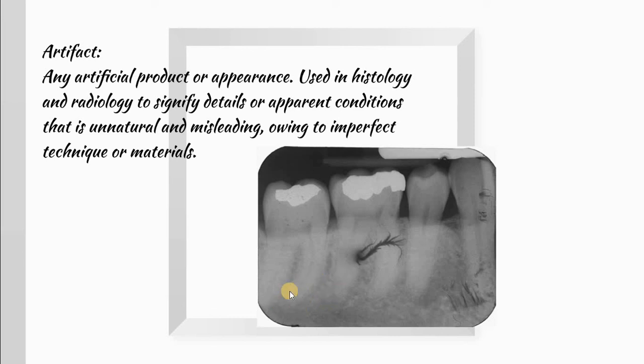For example, we see a black dot here or something like that, or a broad line, radio-opaque or radiolucent, throughout the teeth. All of these are misleading due to improper technique or improper material used while taking the X-ray. So this is the last term.